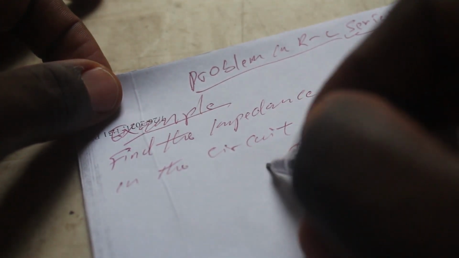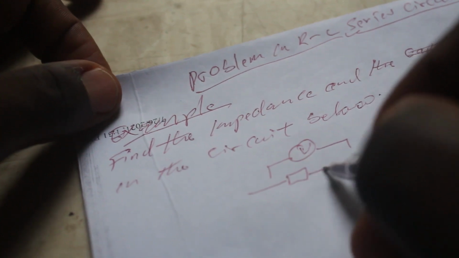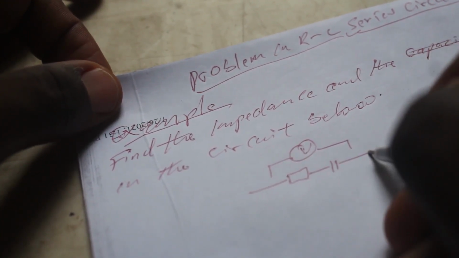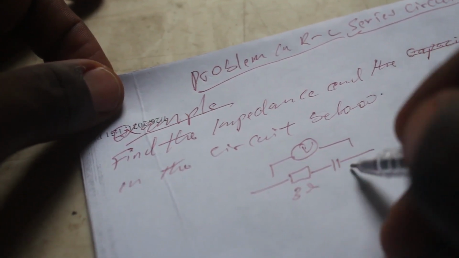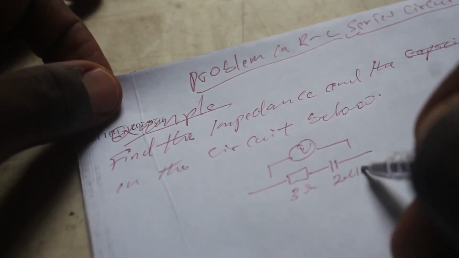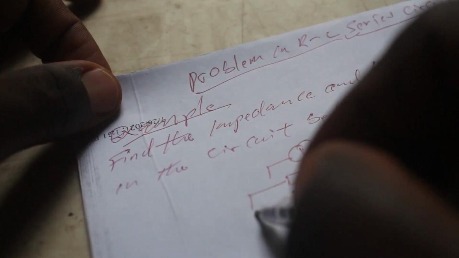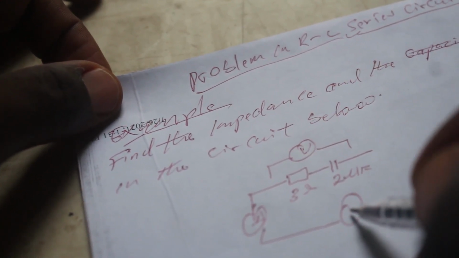So here we have a 3 ohm resistor, and here we have a 2 microfarad capacitor. Now what the ammeter will be reading, we don't know.